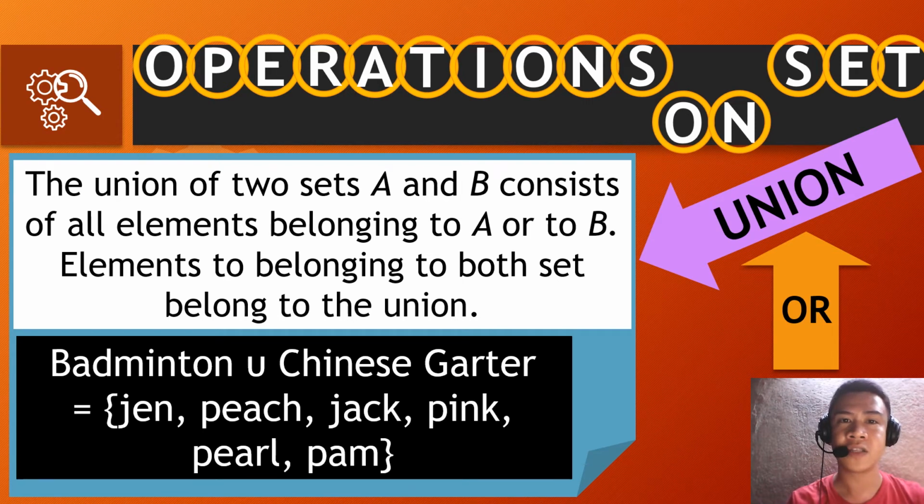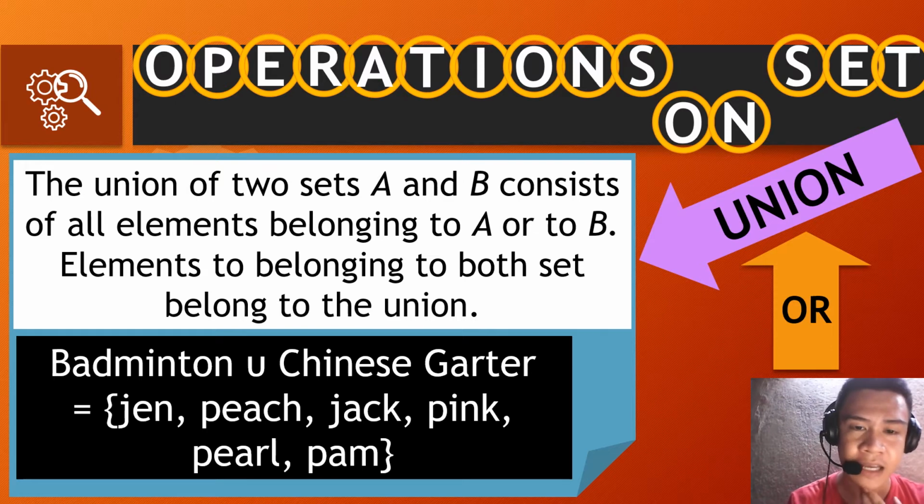Okay, so the union of two sets A and B consists of all elements belonging to A or to B. So the keyword in union is or. Or is the keyword for the union, to avoid confusion. Union, or, meaning all the contents of the two sets.